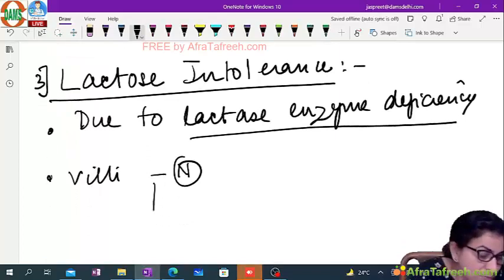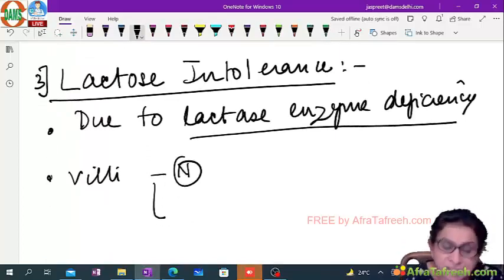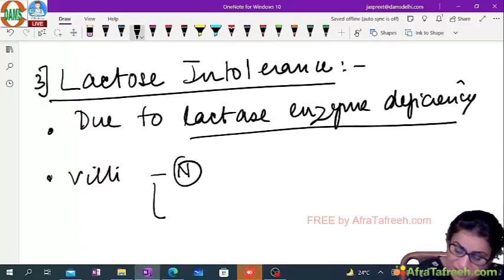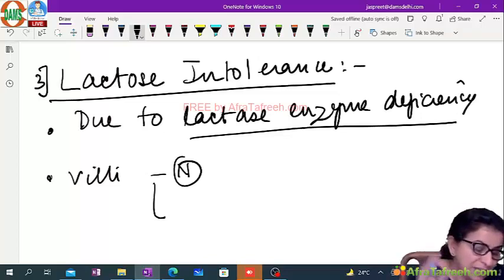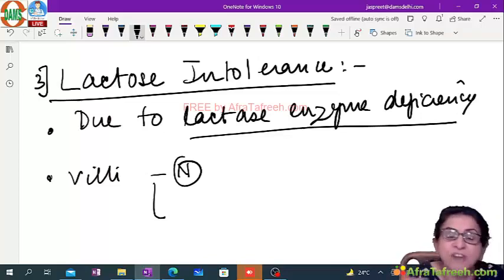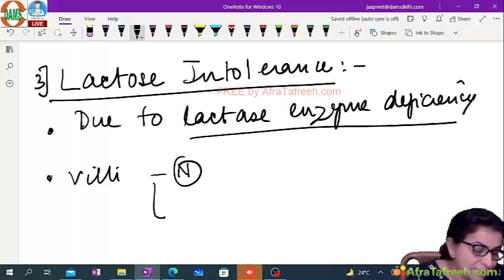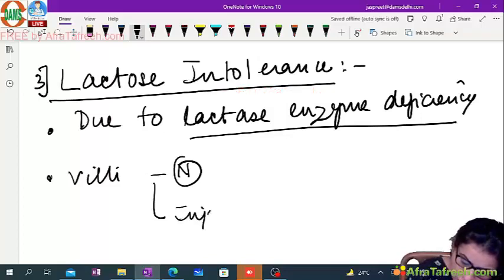So the villi are normal if the enzyme deficiency is inherited. However, if the lactase deficiency is due to viral enteritis, viruses can cause lactase deficiency, then the tips of the villi will be injured.